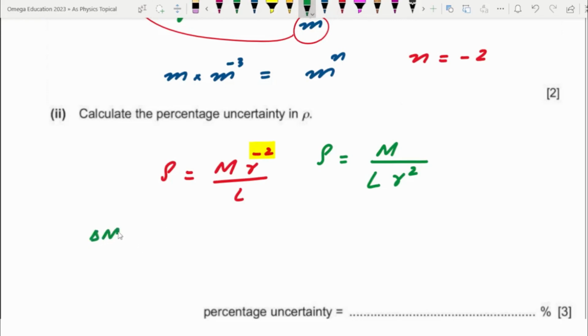So the percentage uncertainty for mass plus the percentage uncertainty of length plus 2 times the percentage uncertainty of r.